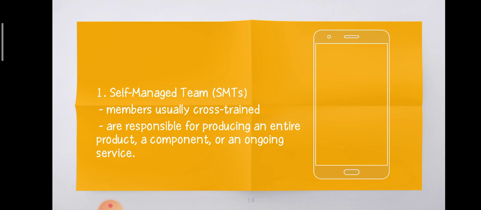So the skills of employee A complement employee B, and the skills of employee B complement the skills of employee A. So if A is good at cashiering, B has little knowledge on cashiering.